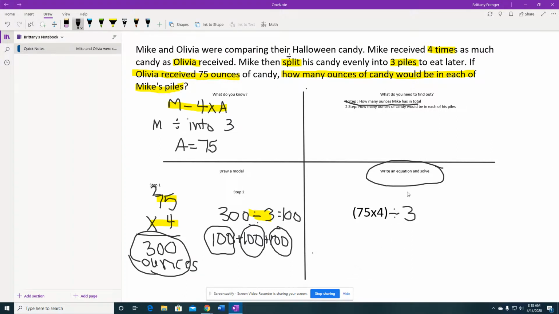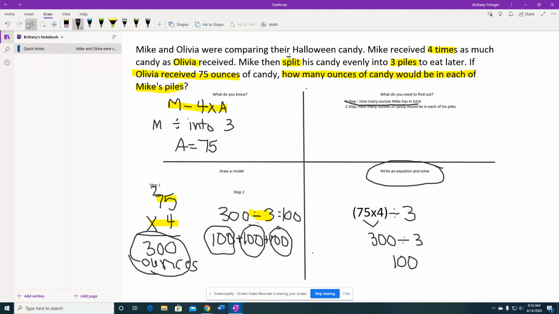All right. So that would be your equation. And just like here, if we were to solve this, we would do 75 times 4 equals 300 divided by 3, and then you would get 100.